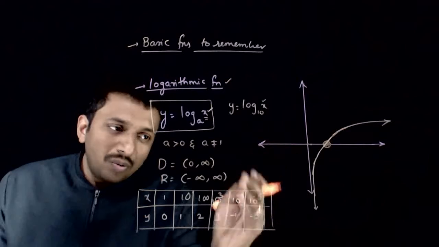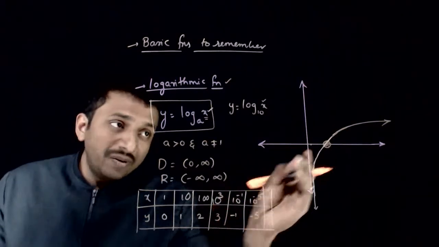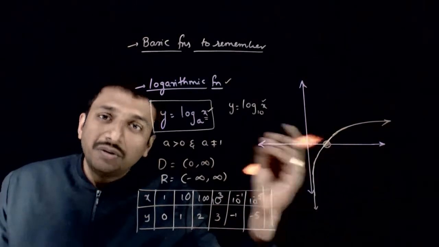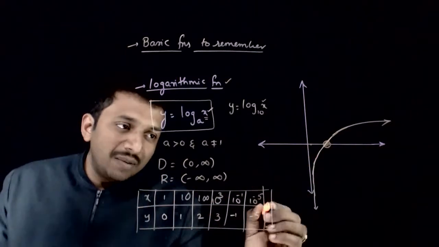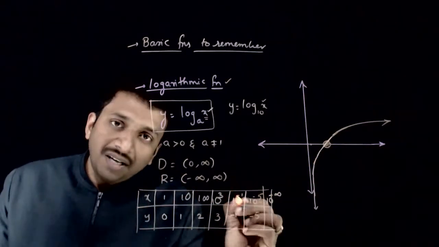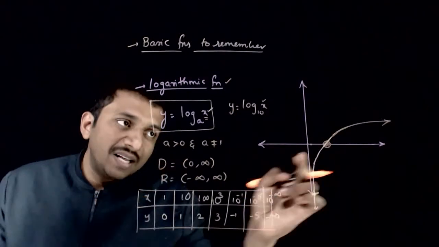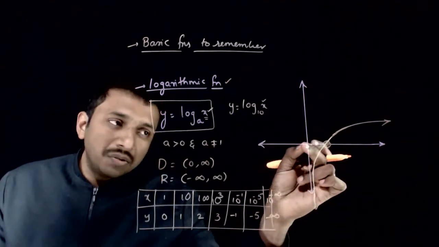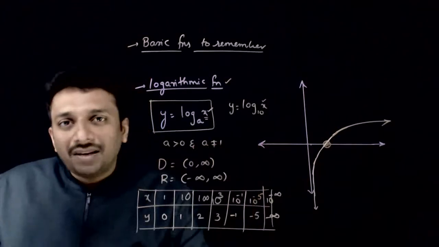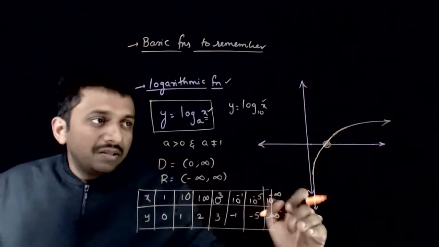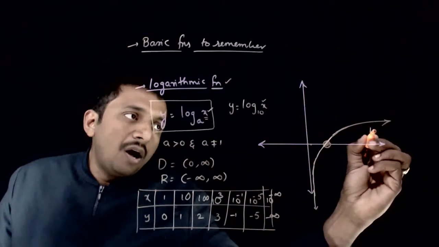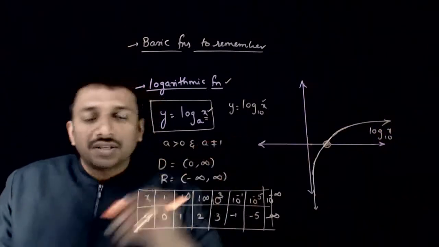As we go to higher and higher negative powers, the number becomes closer and closer to 0. So 0 is nothing but 10 power minus infinity. So log of 10 power minus infinity to the base 10 becomes minus infinity. That is, very very close to 0, the value becomes minus infinity. So this is how the graph of log x to the base 10 looks like.